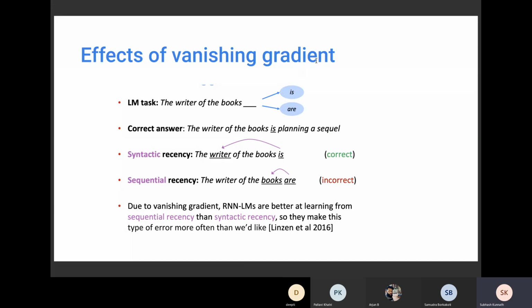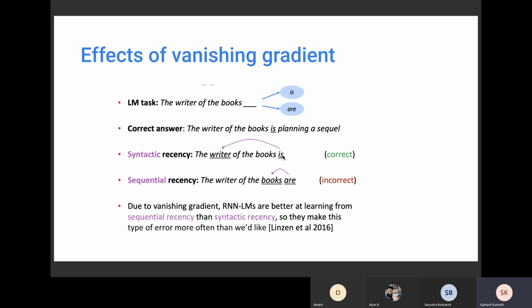Also, if you look at another issue, consider this sentence: the writer of the books, it could be is or are, but the correct one is is, because it depends on the writer, not on the books.